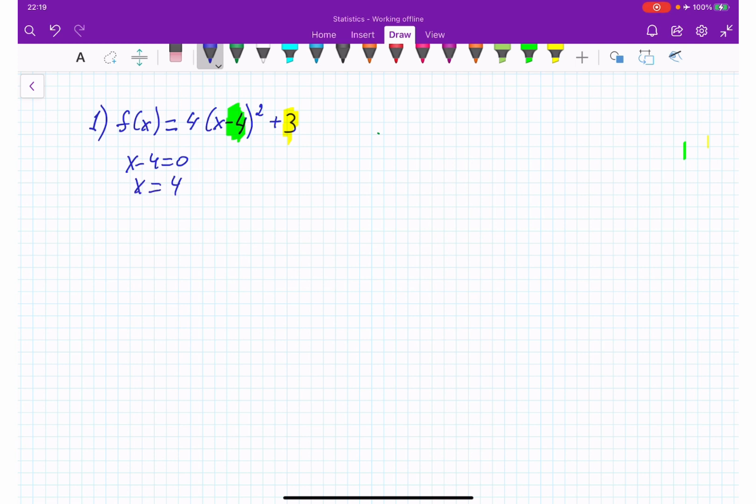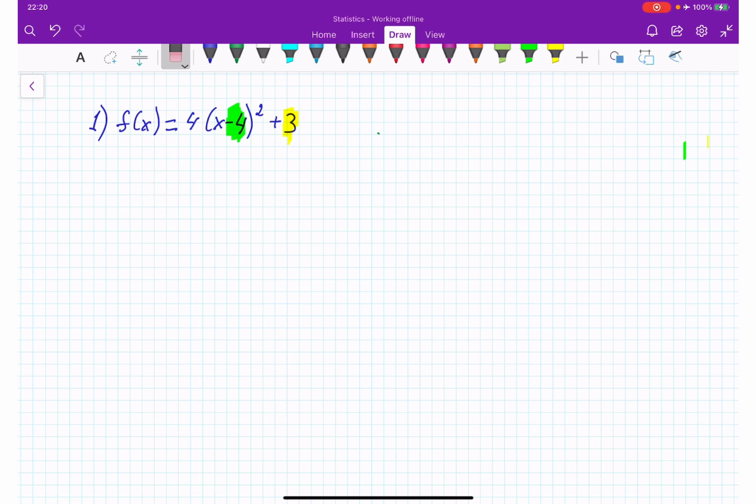But if I take, let's say, this entire thing to be 0, then f of x is equal to positive 3. For that very reason, we are shifting the x towards the opposite sign, but for the change of y, we go directly by the sign it has.